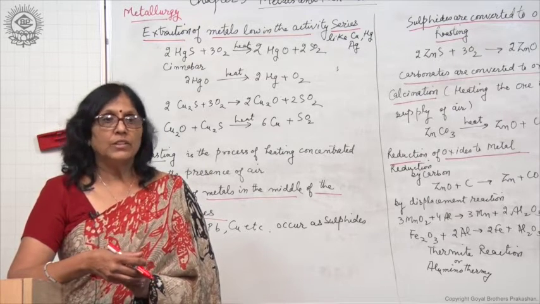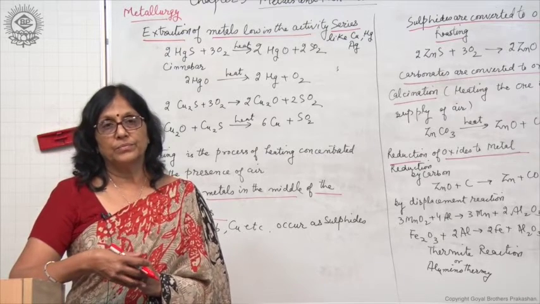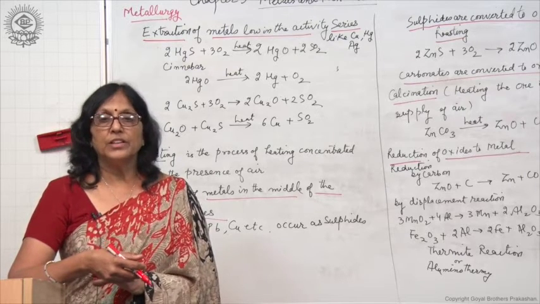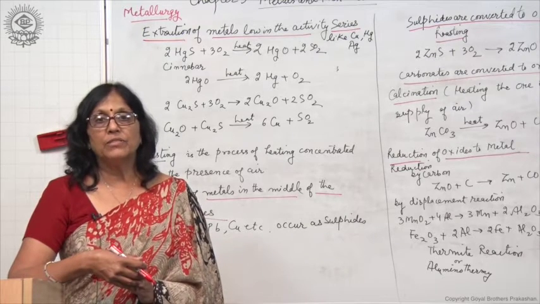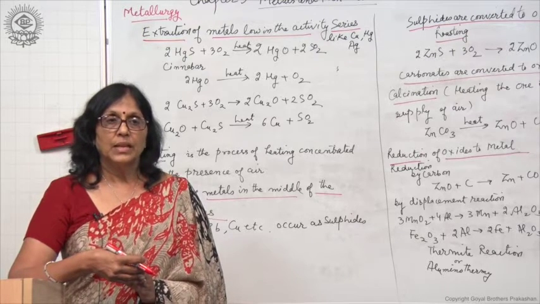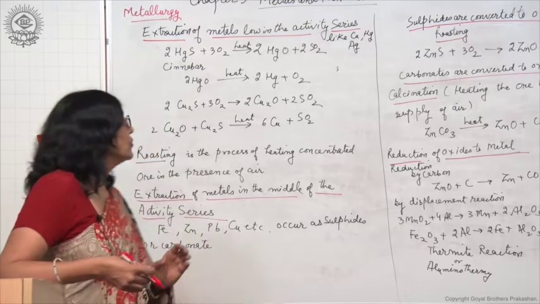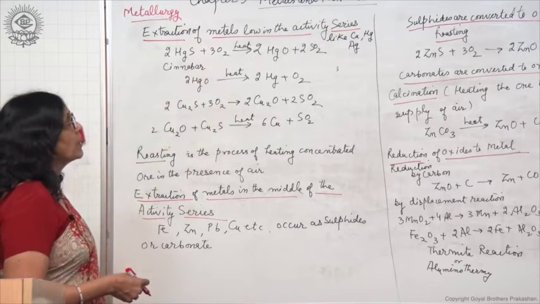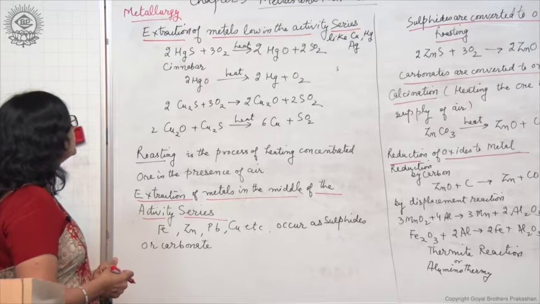In the reactivity series we can divide the metals into three parts: the metals which have very low reactivity, the metals which are moderately reactive, and the metals which are very reactive. The metals which are very less reactive, which lie low in the reactivity series, are copper, silver, mercury and gold.